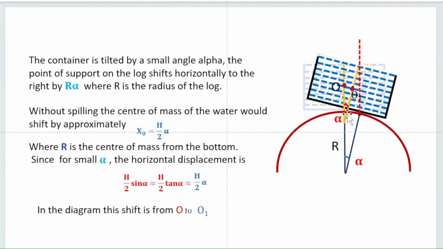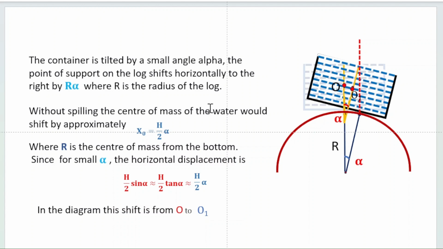These two lines meet at one point just below this bottom line. Therefore, here to here also we can consider as h by 2 distance. Therefore, due to the tilt, the displacement of the center of mass we can write as x naught is equal to h by 2 alpha. Here the angle is alpha.